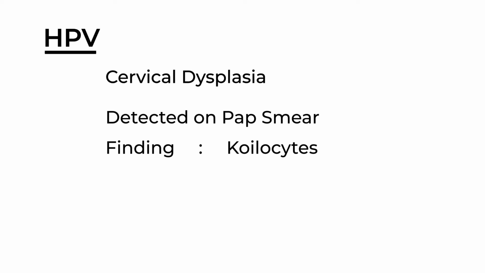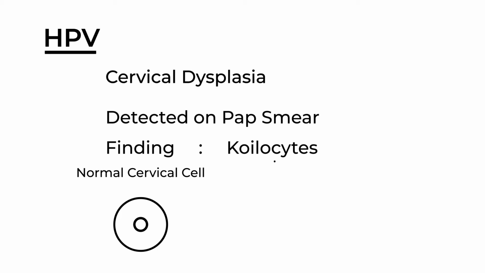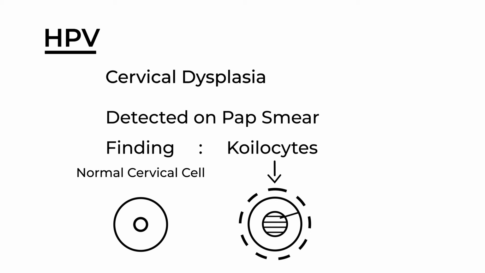And just to illustrate, here's a normal cervical cell, and a koilocyte will look something like this. It will have a very large nucleus, and it will be surrounded by this halo.